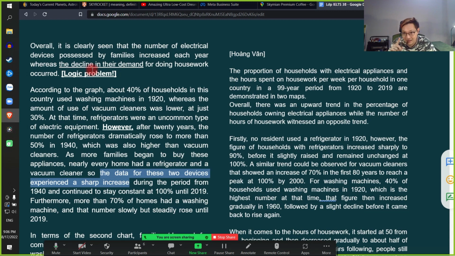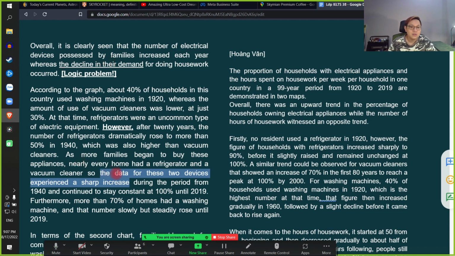Nó chỉ là cái số giờ mà họ làm việc nhà nó giảm thôi, không có chắc là cái nhu cầu nó giảm nha. The test question says that the number of hours doing housework decreases, but not the demand. So here you said it's not a safe assumption. Cho nên em nói như vậy nó không phải là một cái sự giả định an toàn chút nào.